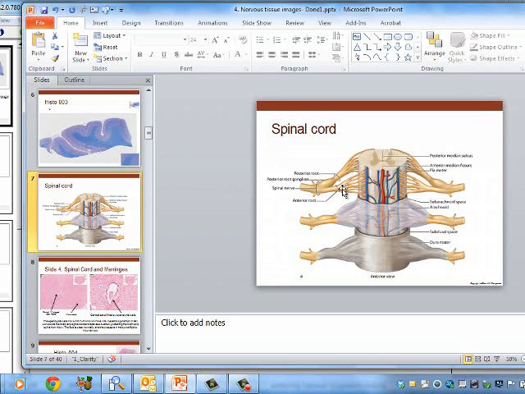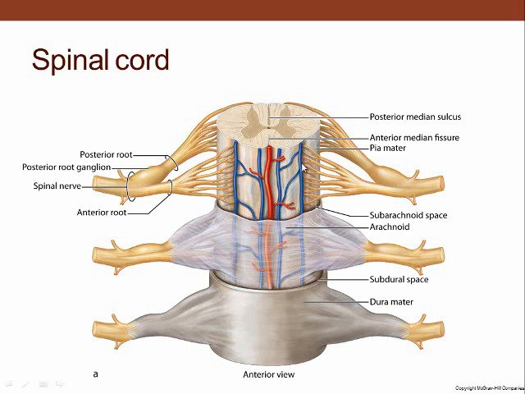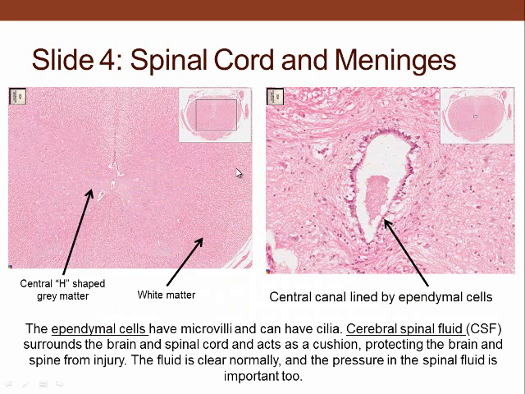So if we look at a spinal cord, we can see that there's an H right through there. This is the posterior surface and the anterior surface, and there's various membranes that attach. We have a dorsal root and a ventral root coming into the spinal cord. And here we can see the spinal cord.